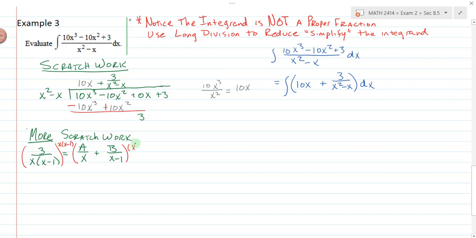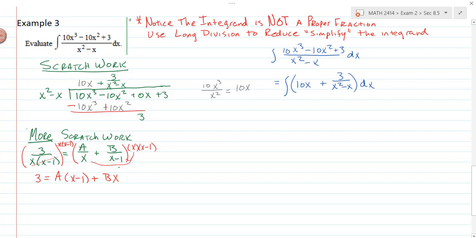What you do to one side of the equation, you have to do to the other. Well, when I do that, this entire denominator is going to cancel out here, and that's just going to leave me a 3. Then I'm going to distribute this least common denominator to both of these terms, and the x is going to cancel here, and that's going to leave me a times x minus 1 plus b times what? B times x. What's my next step towards solving for a and b?